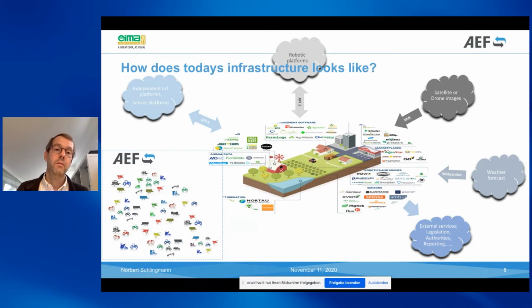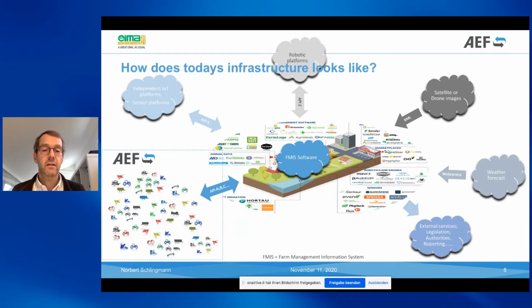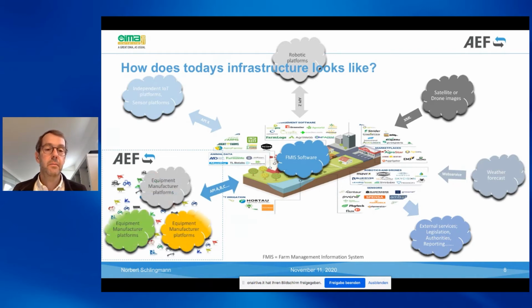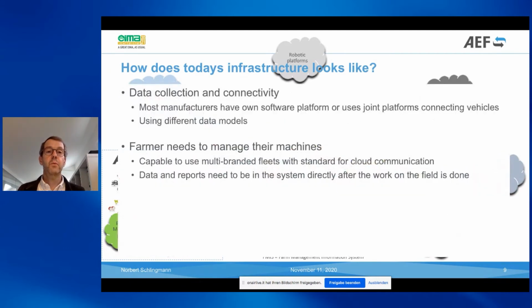No, wrong. Our manufacturers manage their machines to get a connection to FMS software. Mainly the machine manufacturers have their own platforms, and this has to be managed. And the connection between these platforms is a very big challenge we have to take care of.